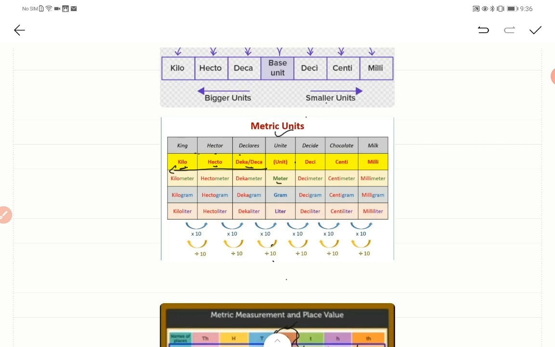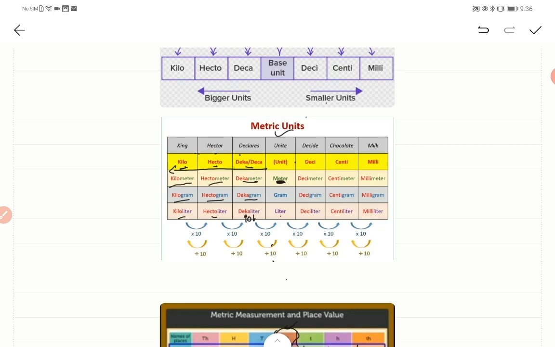So if it is meters, the basic unit, then decameter, hectometer, and kilometer. If it is gram, the basic unit, decagram, hectogram, kilogram. Liters, decaliters, hectoliters, kiloliters. So 1 decaliter is how much?